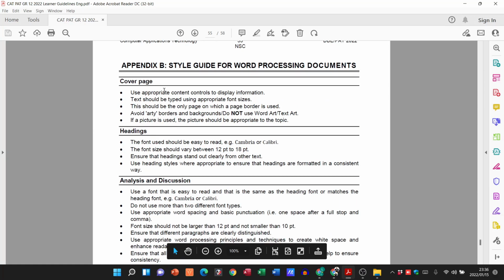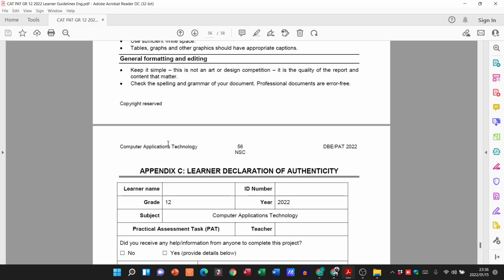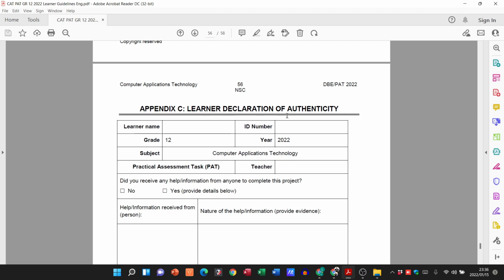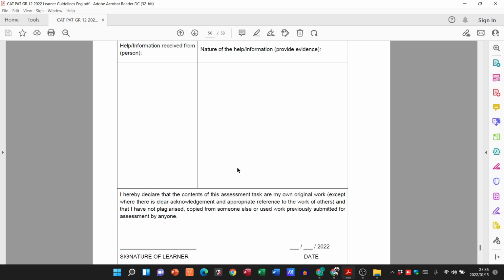Okay, here they mention Appendix B, cover page, headings, analysis, all just good extra information. You need to fill this out, guys. It's the learner declaration. Even if you copy and paste it into a Word document and just fill it out there, you need to do that as the learner.